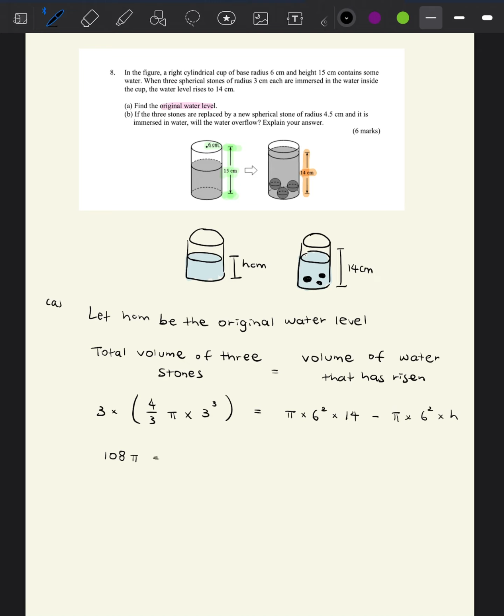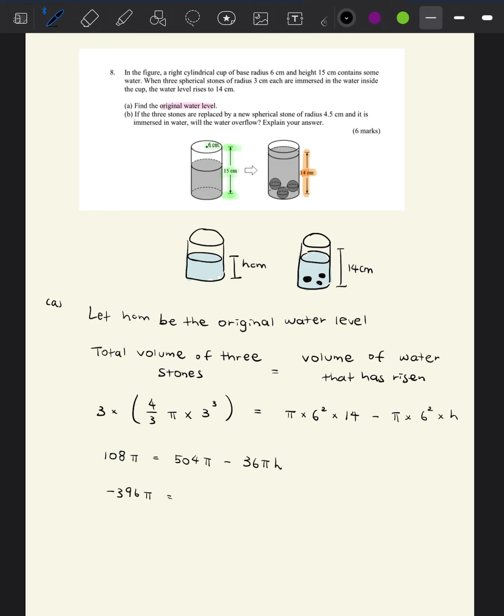So on the left hand side, you've got 108 pi, and then you have 504 pi minus 36 pi h. So now you can solve it.